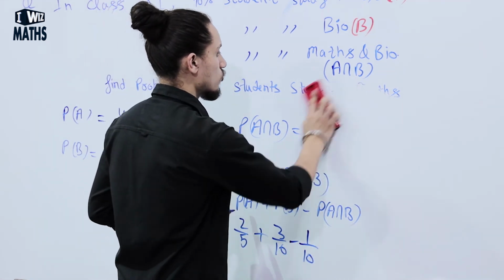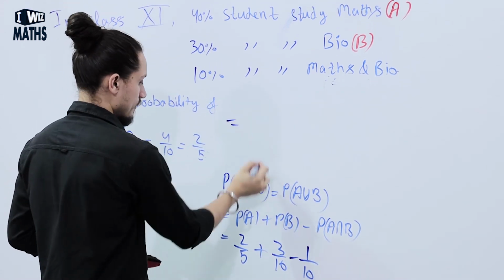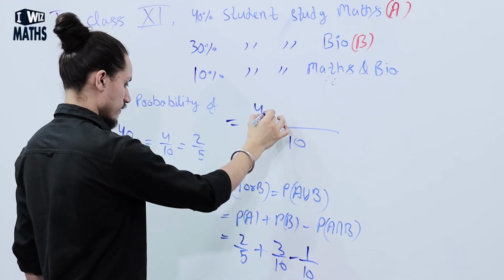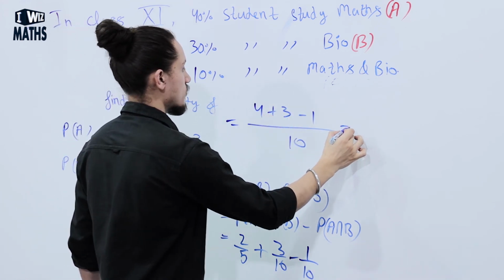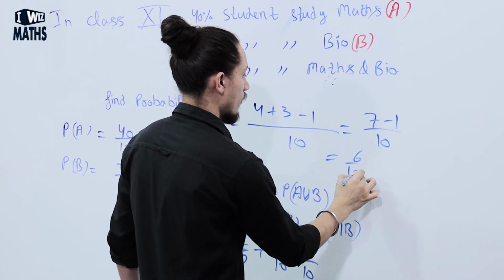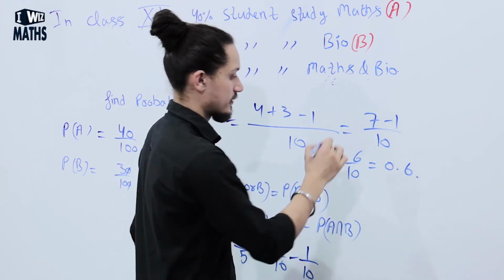So its solution will be taking LCM, आ गया 10 upon, this is equal to 4 plus 3 minus 1, which is equal to 7 minus 1 upon 10, which is equal to 6 upon 10, which is equal to 0.6, and hence the result.